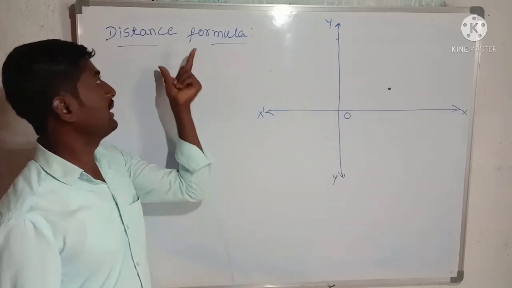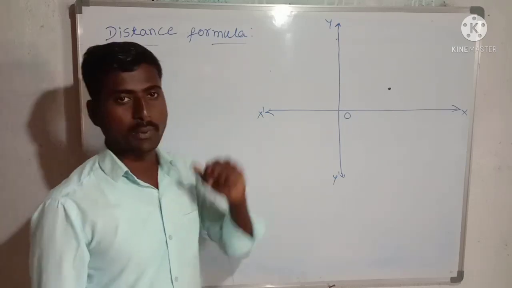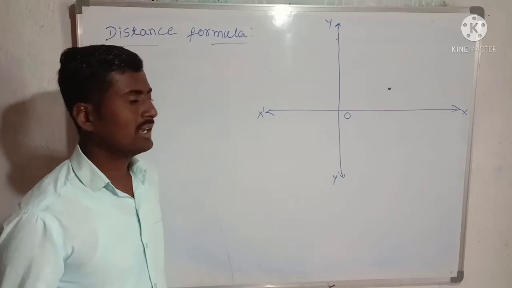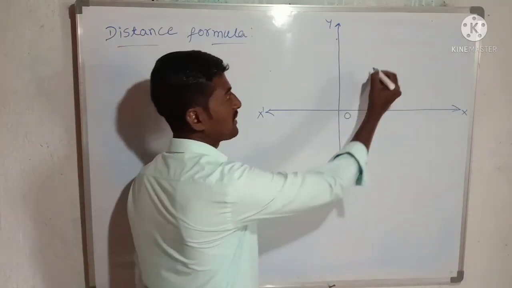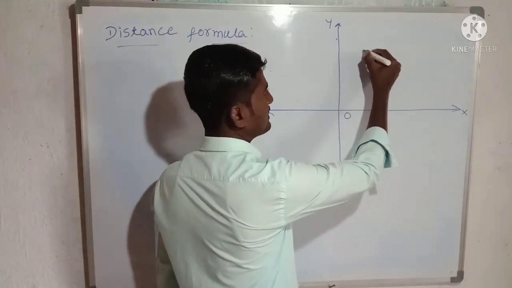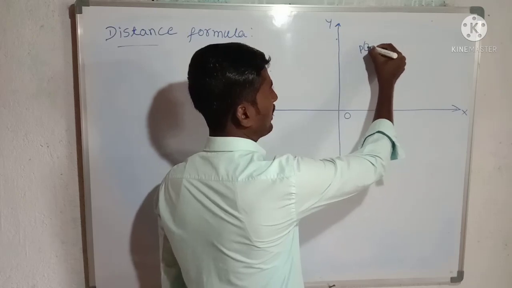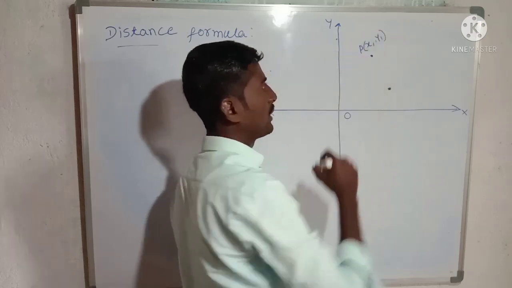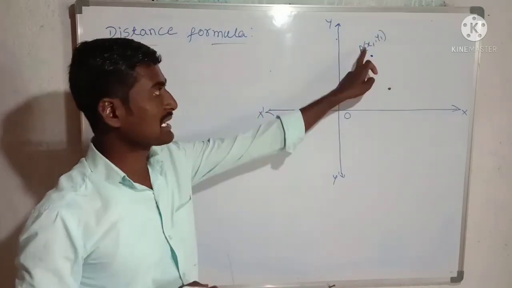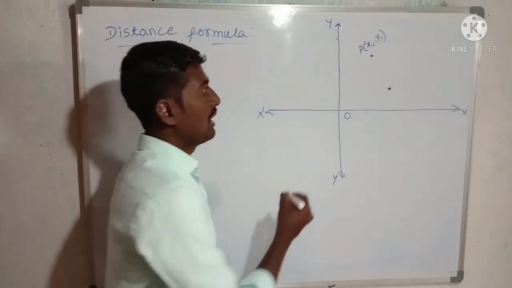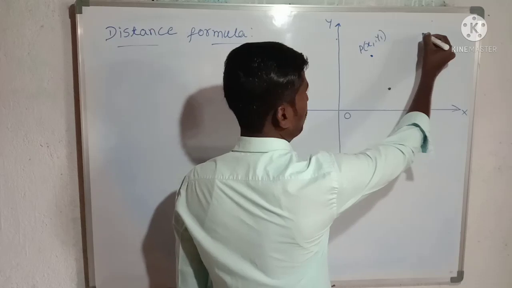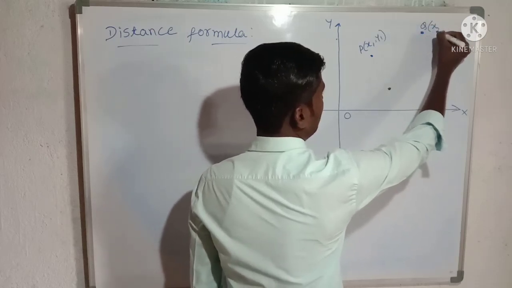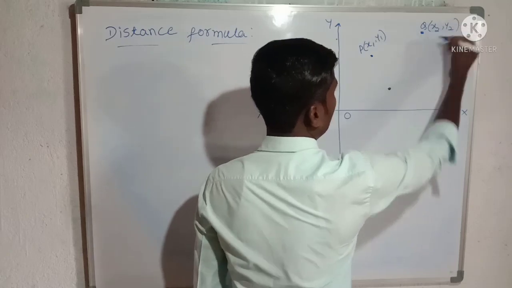Now we are going to find the distance between 2 points. That is the distance formula. Let us consider 2 points. I will take the first point as P. The coordinates of that point are x1, y1. I will take one more point, Q. The coordinates of this will be x2, y2.